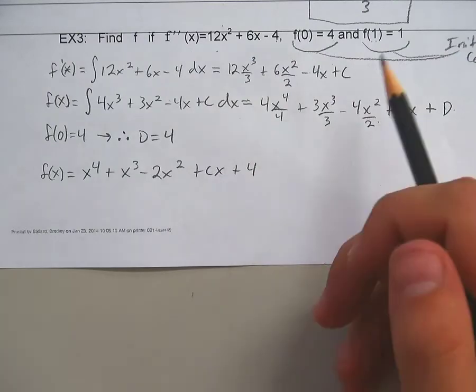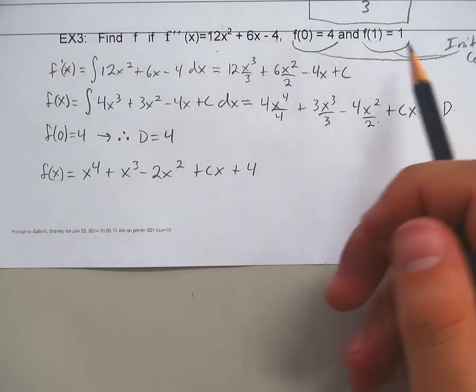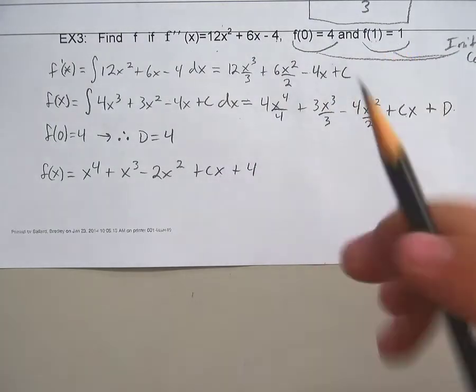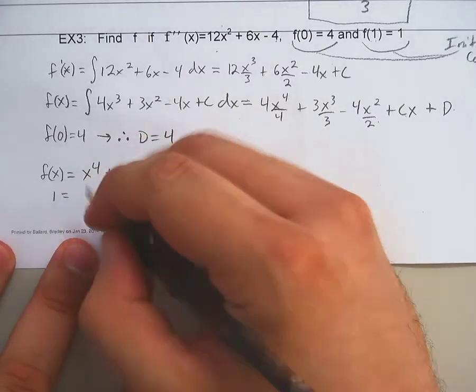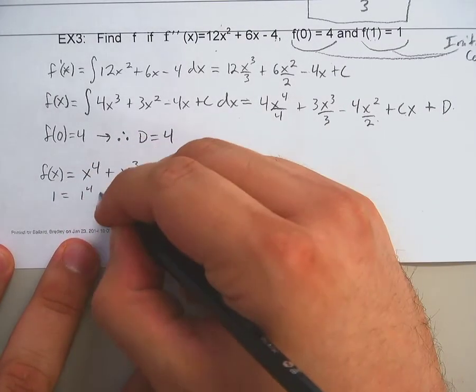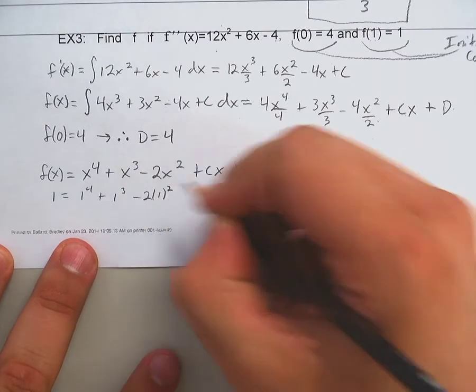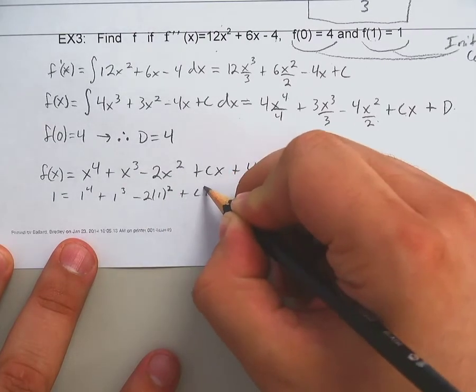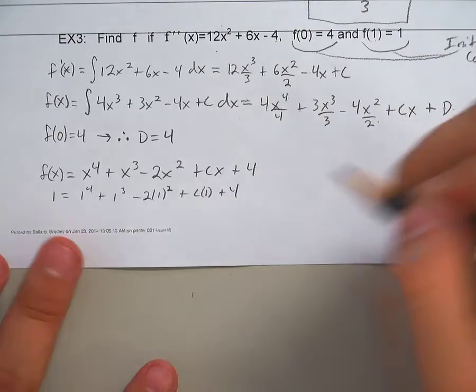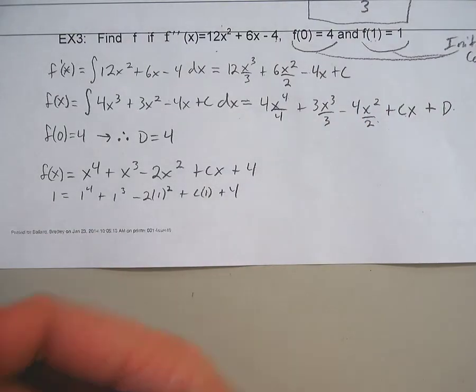So now I can use my other one. Plug in a 1 for x and a 1 for y. 1 is equal to 1 to the 4th plus 1 to the 3rd minus 2 times 1 squared plus c times 1 plus 4. And then solve for c.